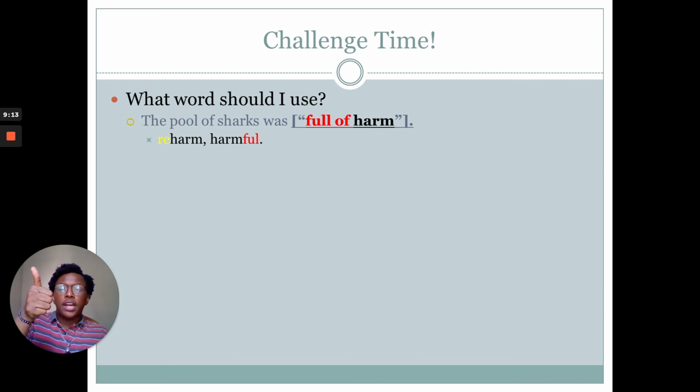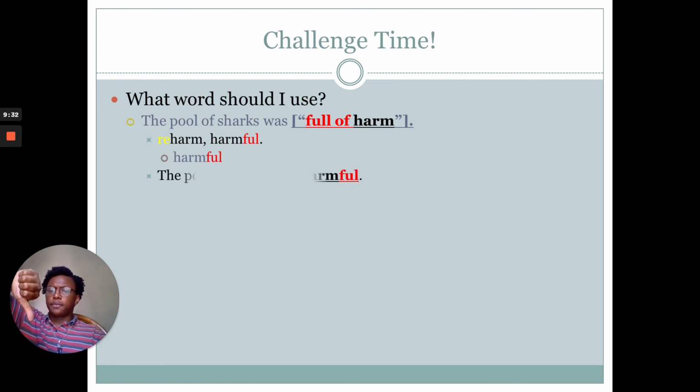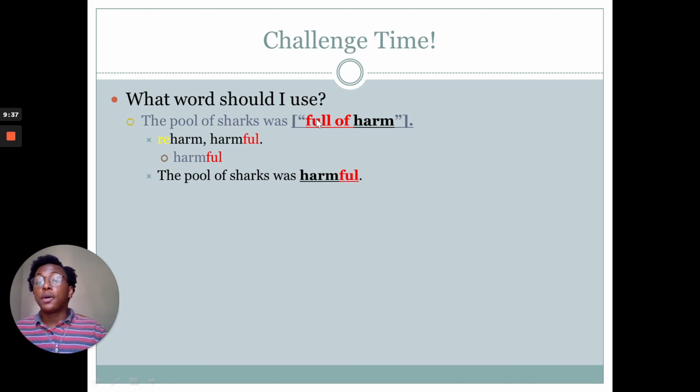The pool of sharks was reharm? Or should I use harmful? The pool of sharks was harmful. Show me with your thumbs. The pool of sharks was harmful. And harmful means full of harm.